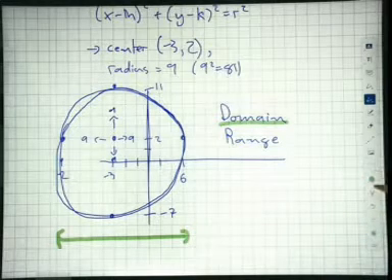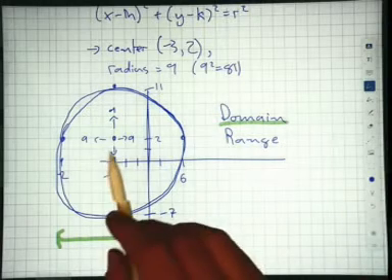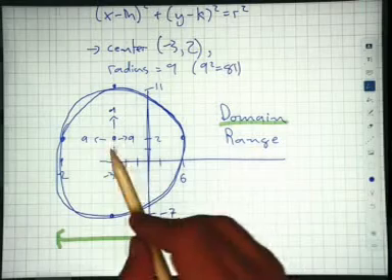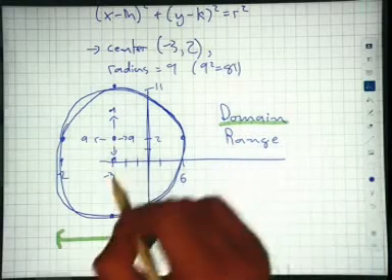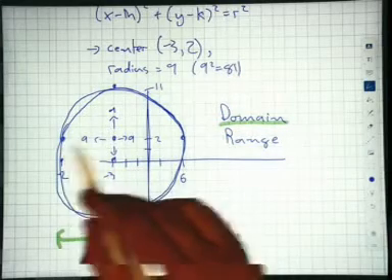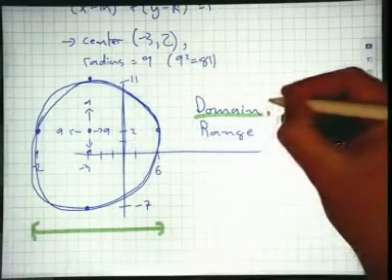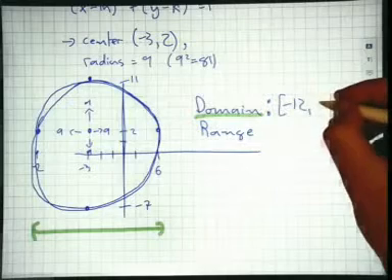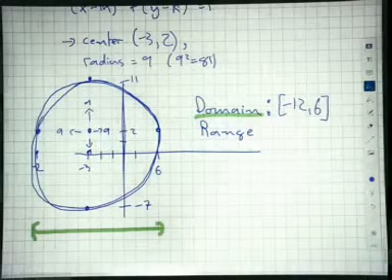Well, when we went 9 to the right and 9 to the left from this point right here, that established our domain. So 9 to the left took us to negative 12, 9 to the right took us to 6, so our domain is from negative 12 to 6. Does that make sense?